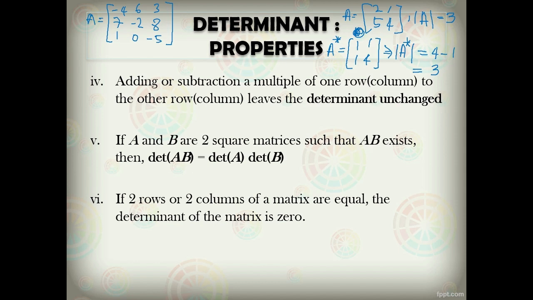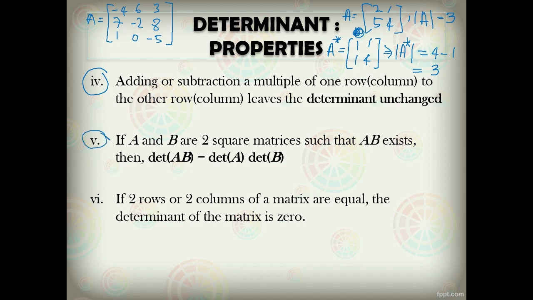That is what the fourth property means. If you apply it to rows, you get the same answer as well. This example also applies to higher order matrices.